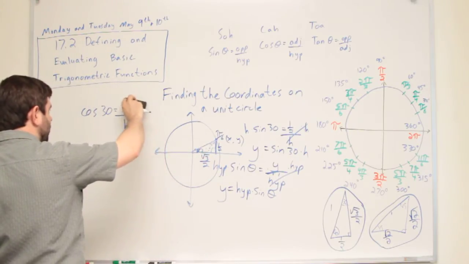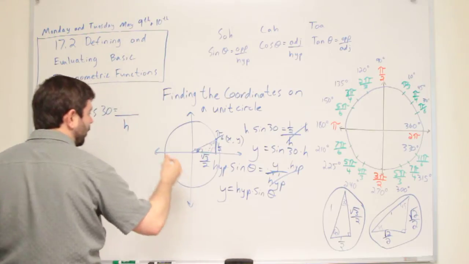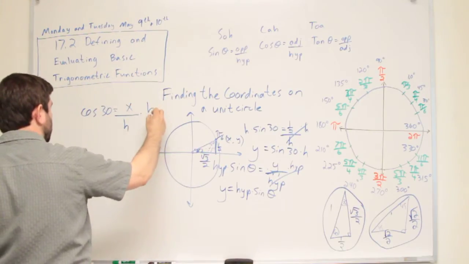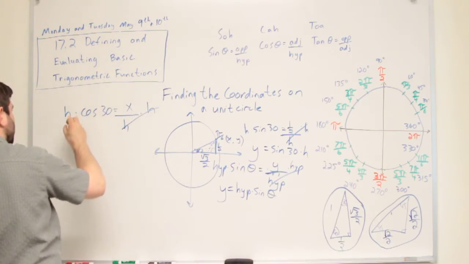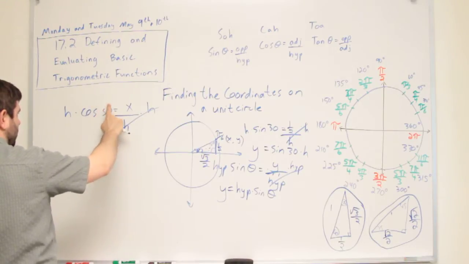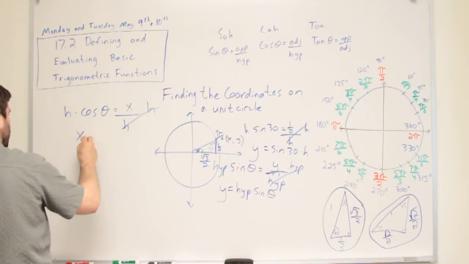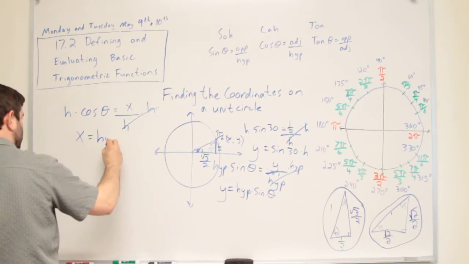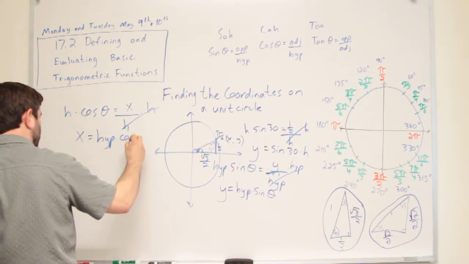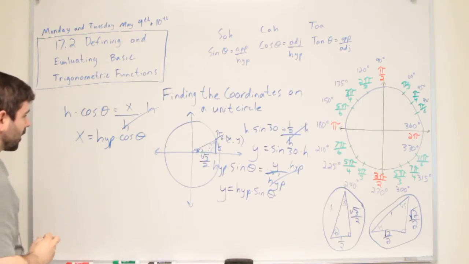So this is what's going to give us our x, times the hypotenuse on both sides. And we can have any angle in here, so I'm going to plug in theta. Our x coordinate is always our hypotenuse times cosine theta.